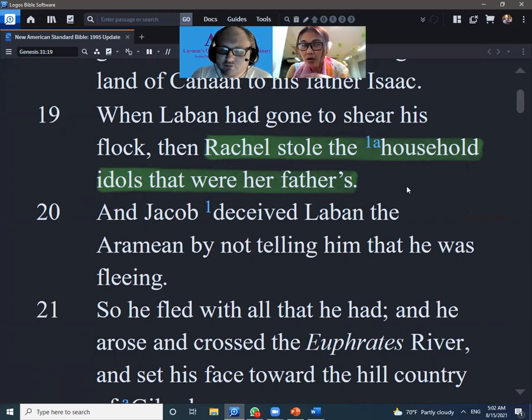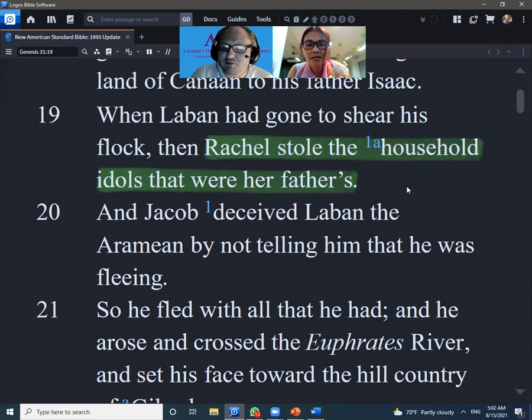Why then did Isaac want Jacob to go to his family? It says so that they will not worship a false god. But why then does Laban have a false god, idols? If they have idols, they worship a false god.